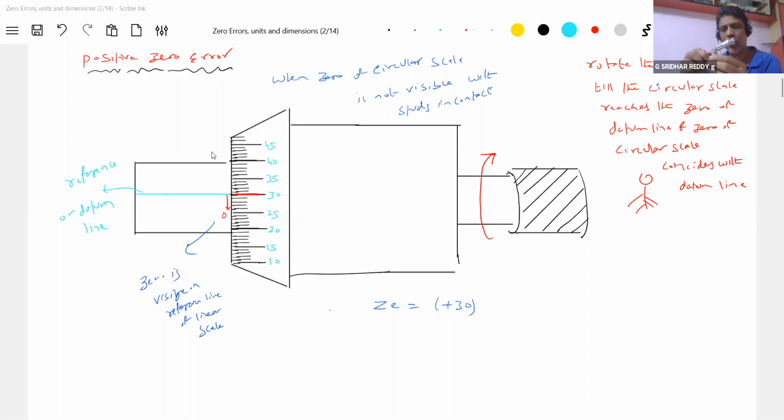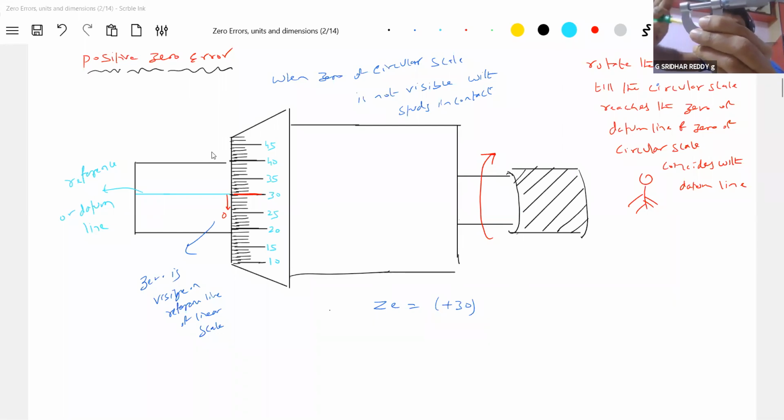Now the studs are in contact. Is it visible? Studs are in contact, and you see that there's no object between the studs here. Then the zero is just above, negative zero error only. I just purchased a screw gauge where I have a screw with which I can adjust the zero error.